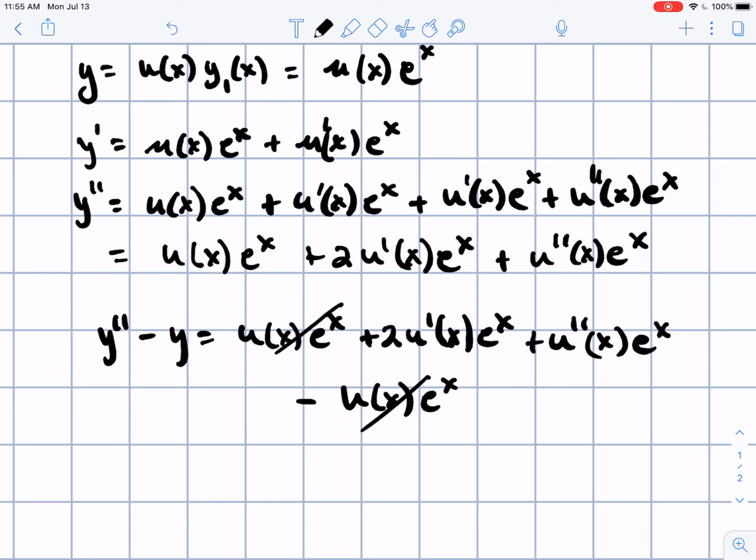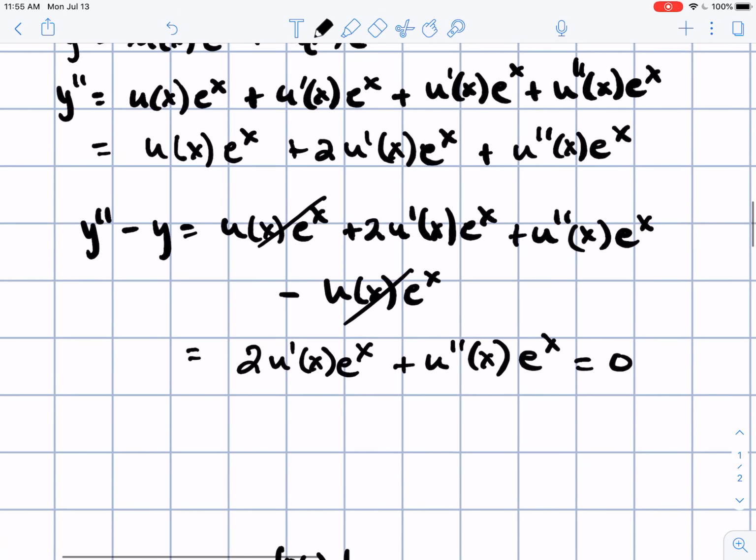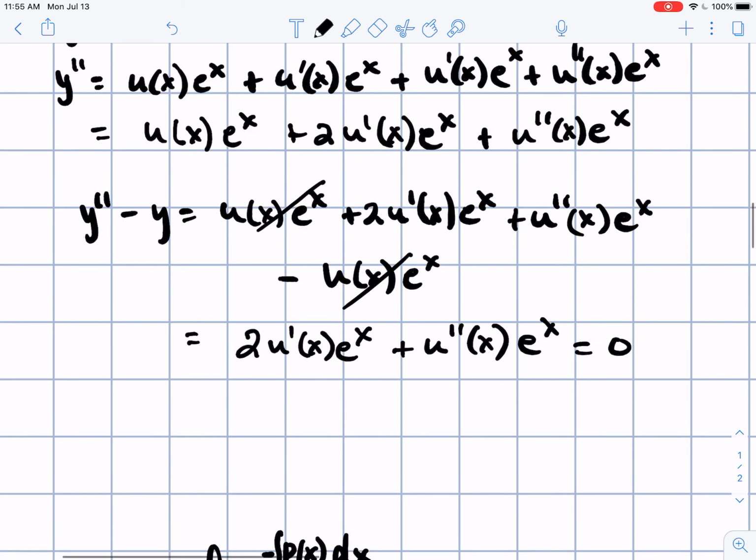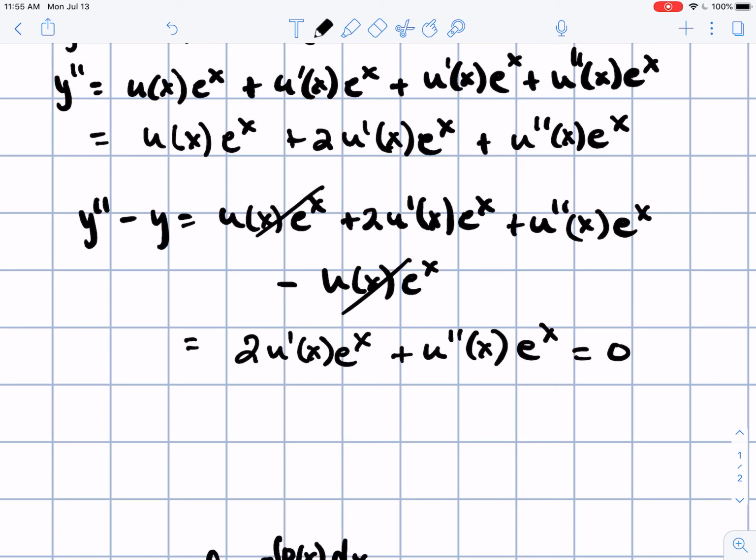And we get 2 u prime of x e to the x plus u double prime of x e to the x, and then that's going to equal 0. So right now we just did some substitution and we got down to the situation that we're in here.